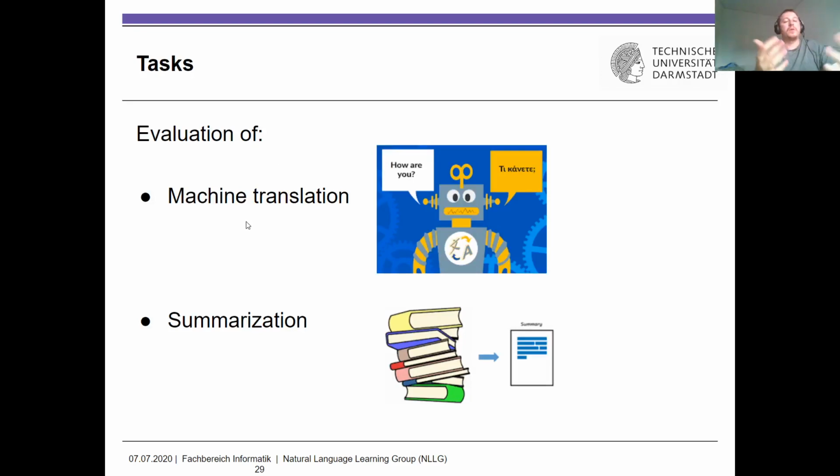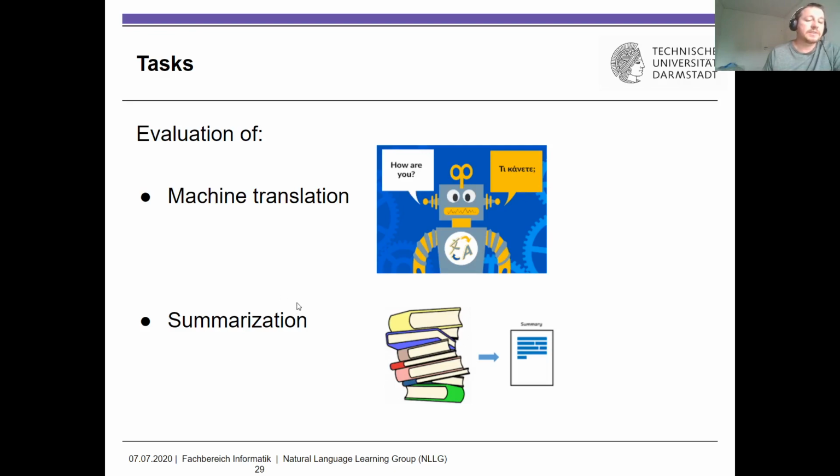So now in the following, I will consider two sample tasks. The one is machine translation. So this is what the examples before were already about. We have an input string, let's say in English, and we want to translate that into another language.